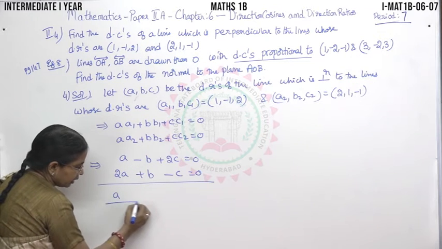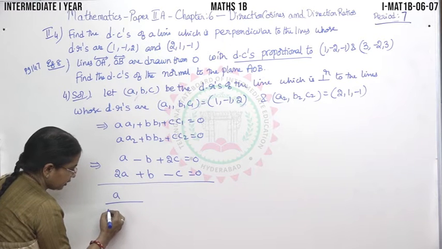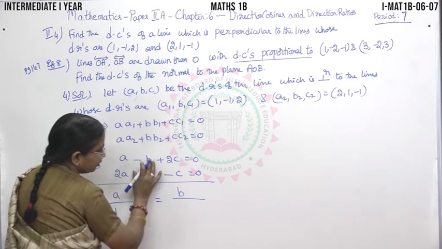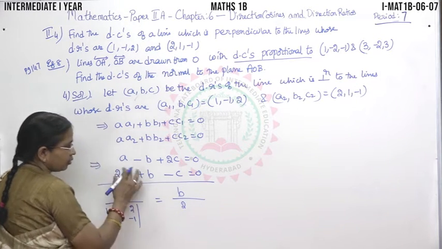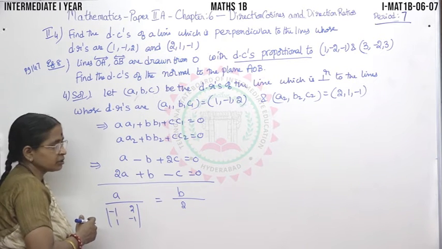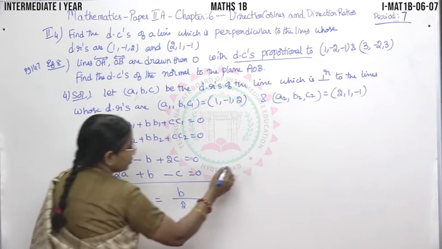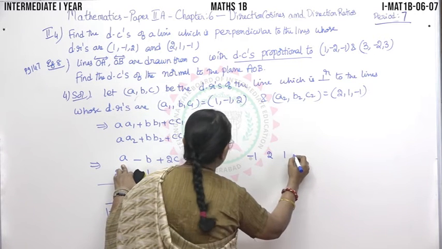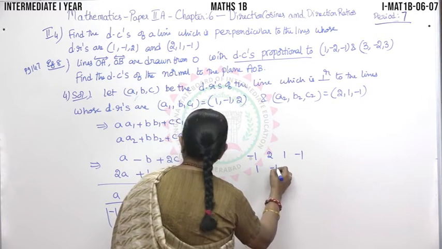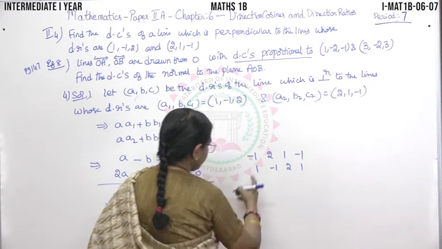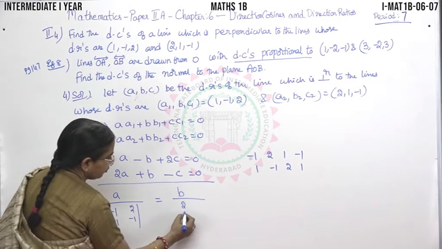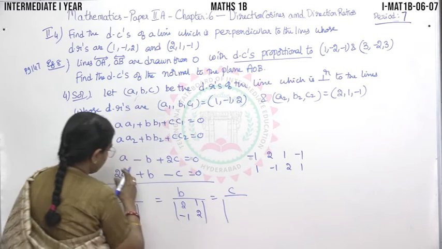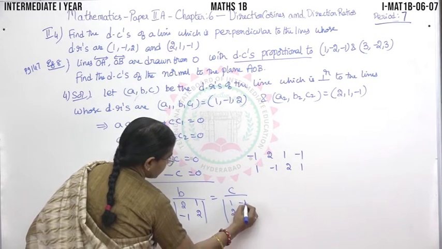You can solve by the cross multiplication method. a by the determinant of -1, 2, 1, -1 is equal to b by the determinant of 2, 1, -1, 2, is equal to c by the determinant of 1, -1, 2, 1. Here you write the coordinates by the cross multiplication method in the same procedure.